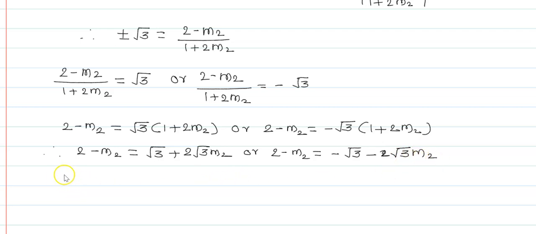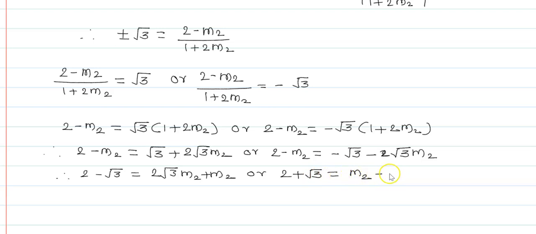Okay. Now the simplification. 2 minus root 3 is equals to 2 root 3 m2 plus m2, or next is a 2 plus root 3 is equals to m2 minus 2 root 3 m2.